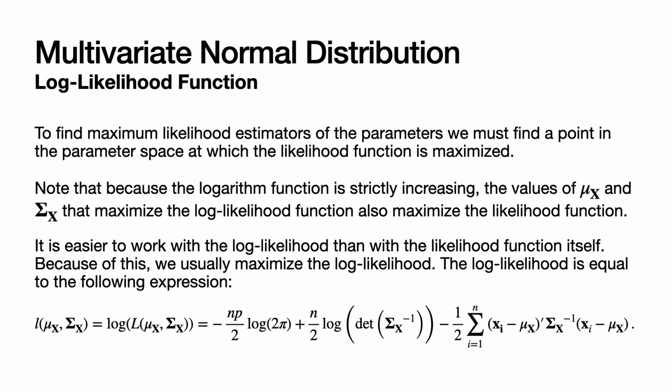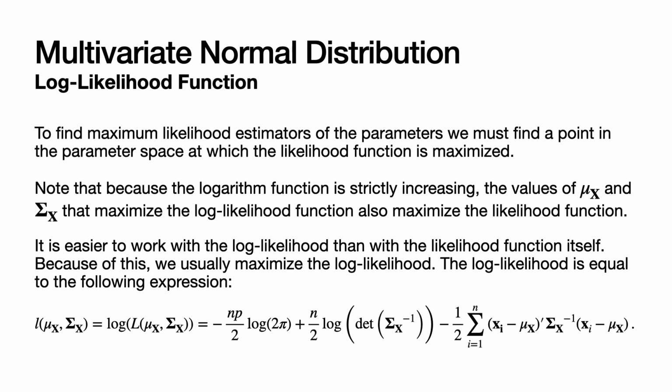Now recall from college algebra the property of the logarithm function that tells us that when we take the log of an expression involving a product of terms, the resulting expression is the sum of the logs of the terms in the original product. The likelihood function involves the product of a number of terms.